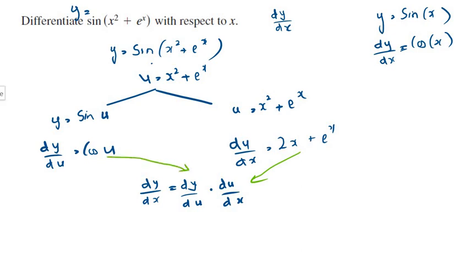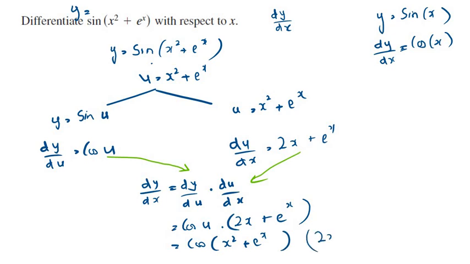Now we are asked to find dy over dx, so we know dy over dx can be written as dy over du times du over dx. So we see that du over dx is this, and dy over du is here. So we have cos u times this 2x plus e to the power x. So we can replace u by this, and we can bring this part to the forefront. So it's cos(x squared plus e to the power x) multiplied by (2x plus e to the power x).